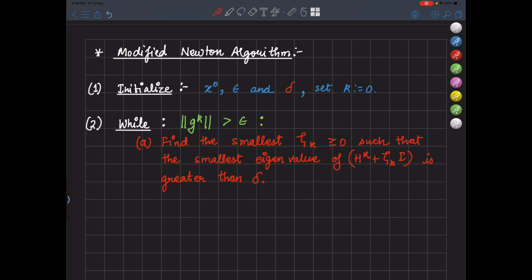So this in itself is a problem to be solved. You have to find such a xi k such that the smallest eigenvalue of this matrix is greater than the given scalar delta.